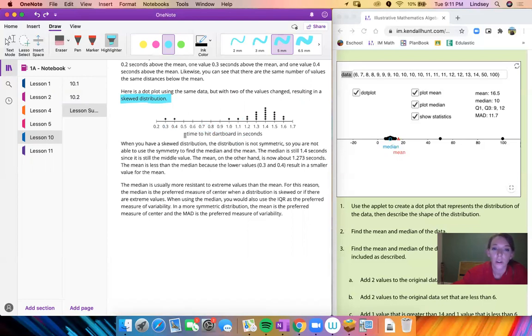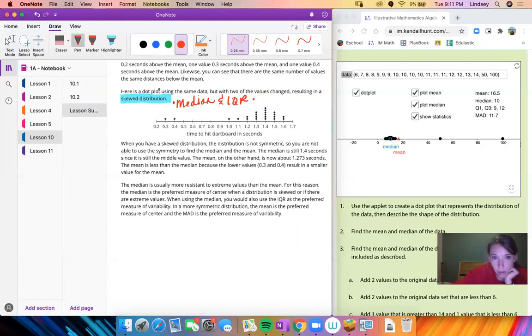So if it is skewed and we have those low extreme values, they are going to affect the mean more. So we don't want to use it if it's going to be so easily changed. Therefore, the measure of center that we're going to use is the median. And then we would also use the IQR. Okay, so that is our big takeaway from lesson 10.